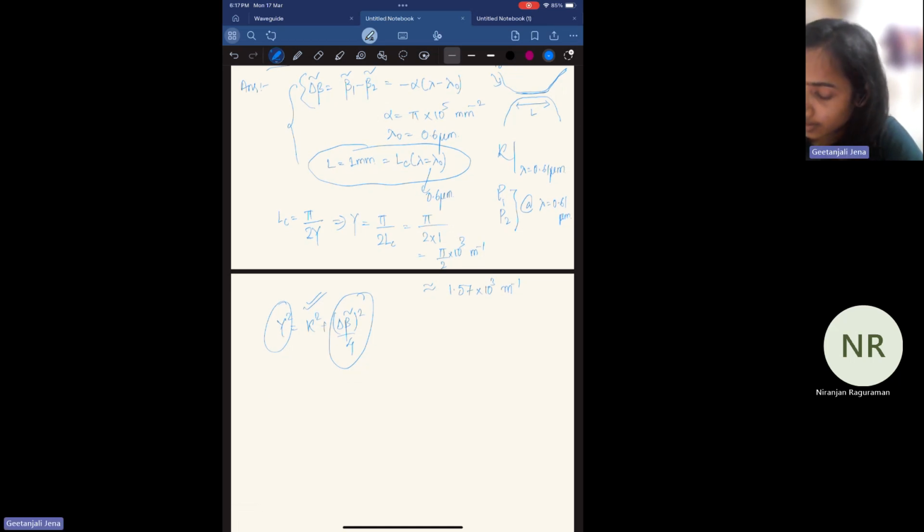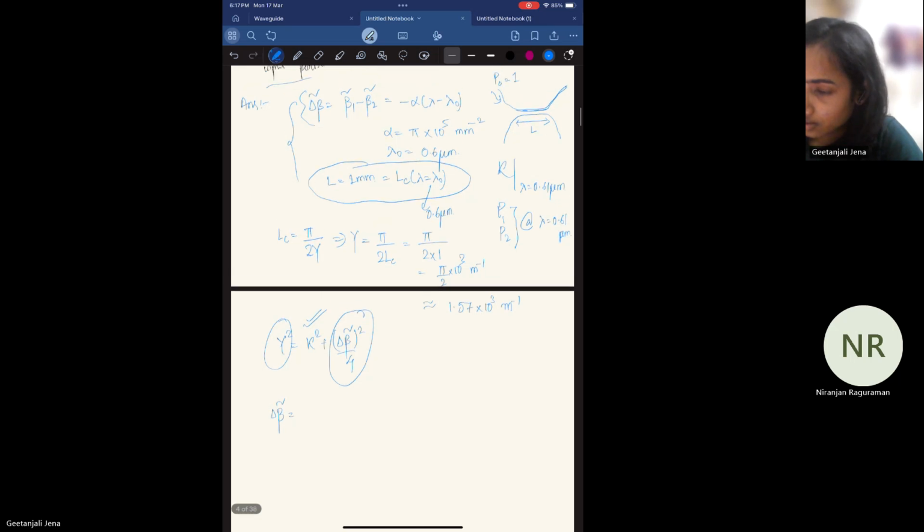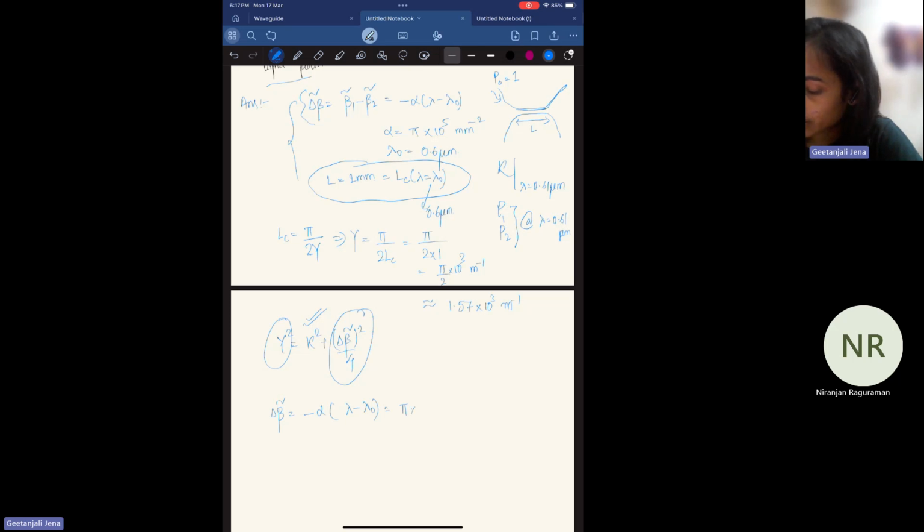So that means delta beta tilde is minus alpha times lambda minus lambda zero. Alpha is given as pi into 25, and lambda is 0.61 micrometer and lambda zero is 0.6 micrometer.